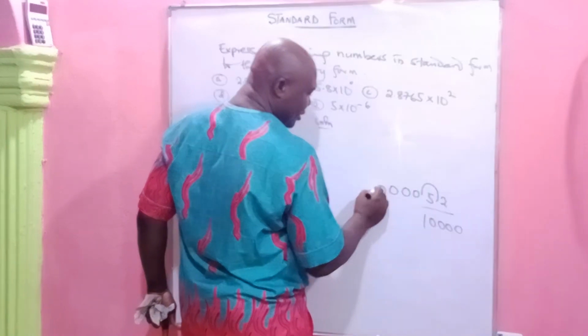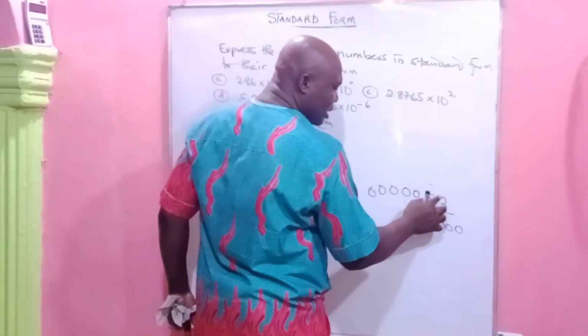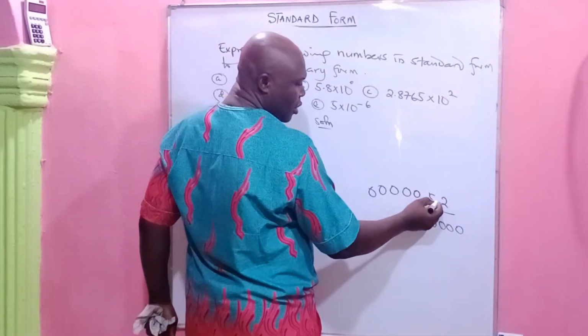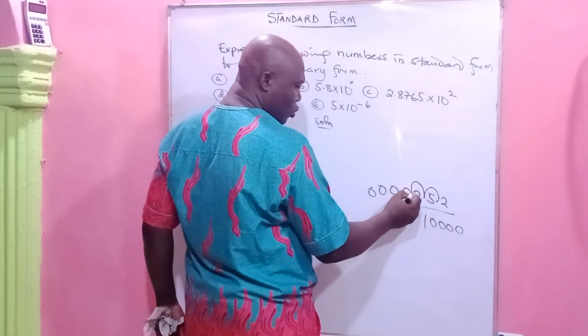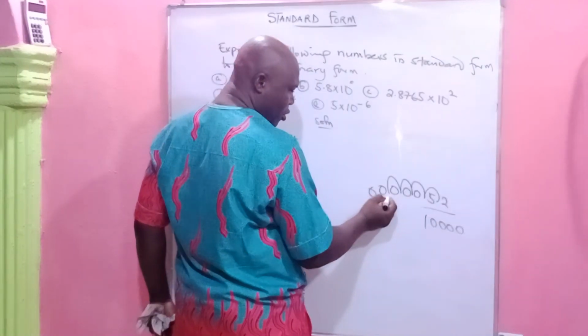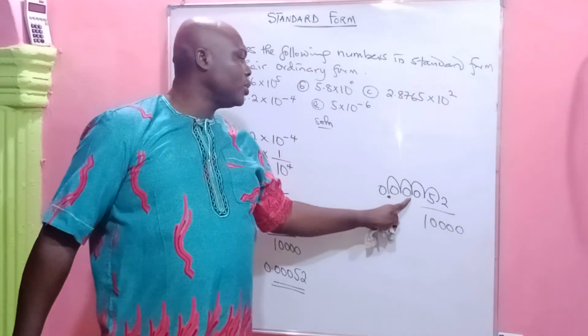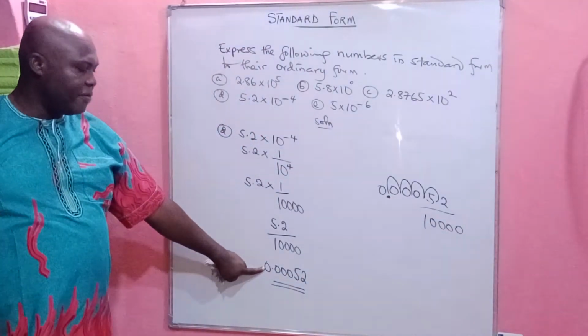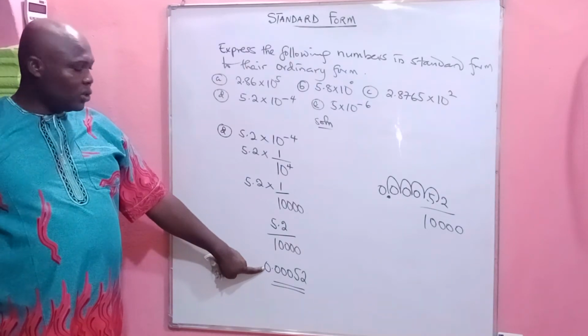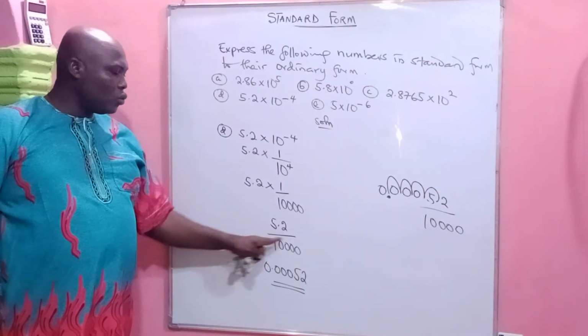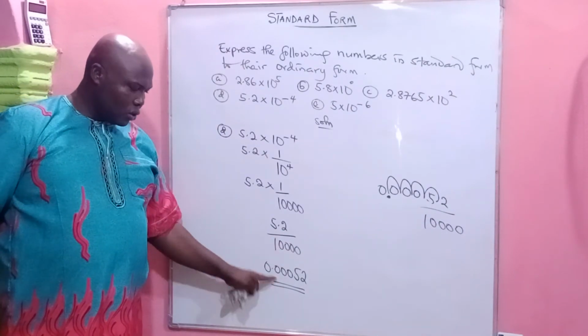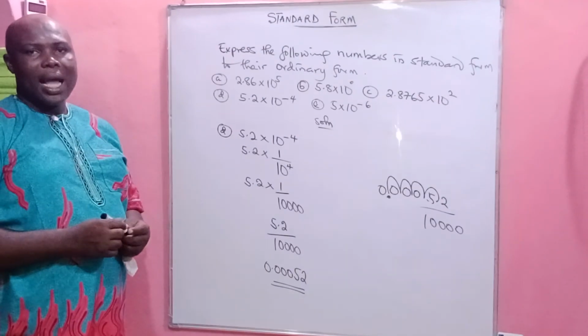Let's have plenty zeros. All right, so we want to move it how many times? 4 times. So have 1, 2, 3, and 4. So that would be 0.00052, which is what I have here. All right, but if you don't want to stress yourself, you simply divide 5.2 by 10,000. You will get this. It's as simple as that.